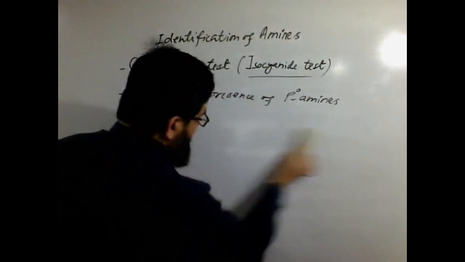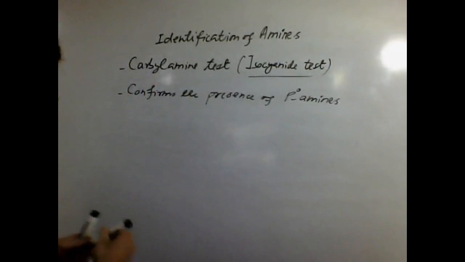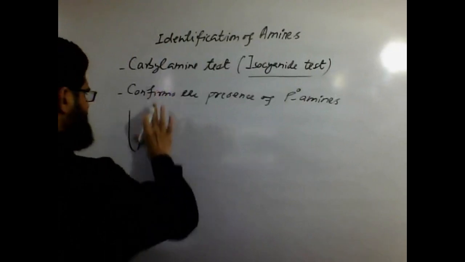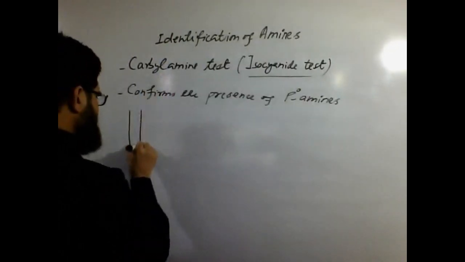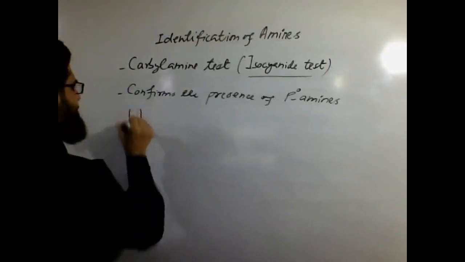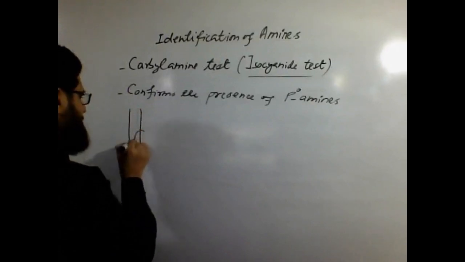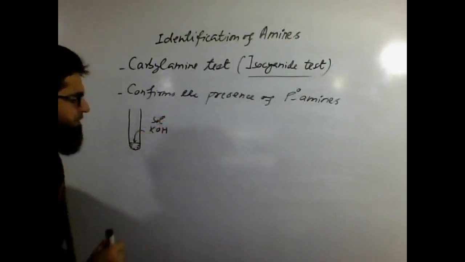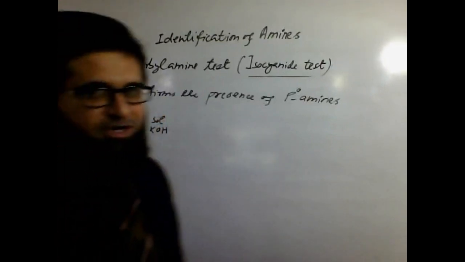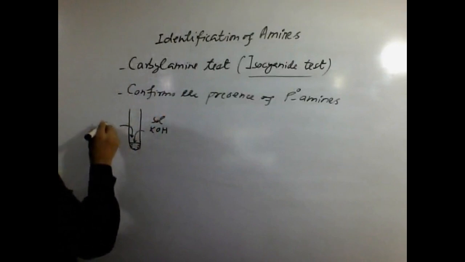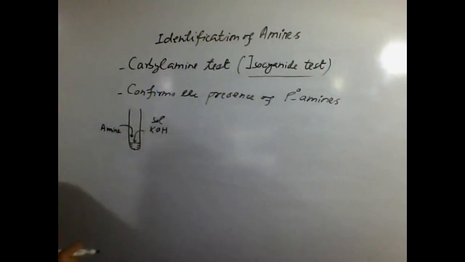How is the test performed? Once we ask you to identify a given unknown amine, what you could do is put in a solution of potassium hydroxide, and then put in around 1 to 2 mL of the given unknown amine, the given compound.